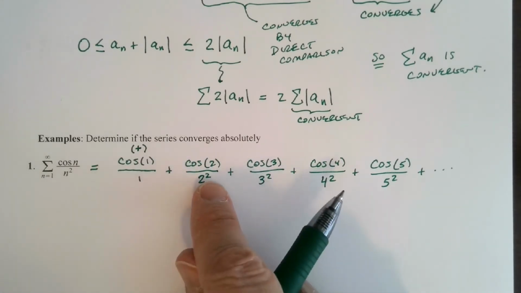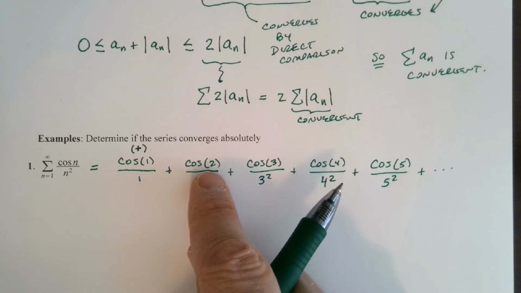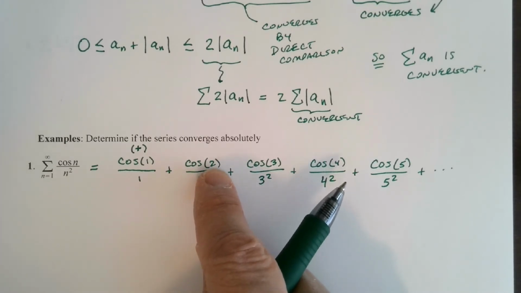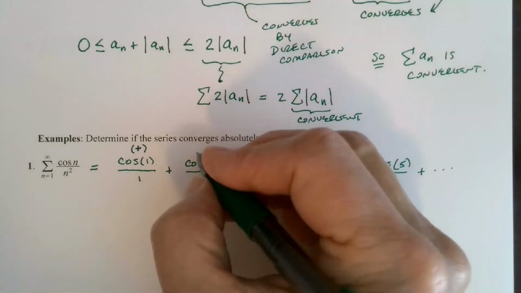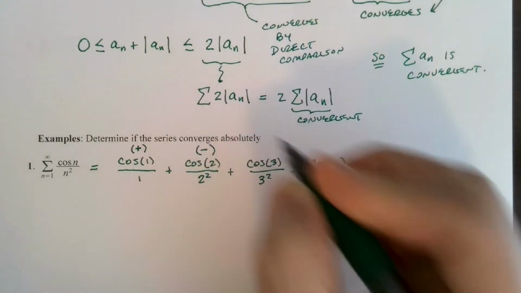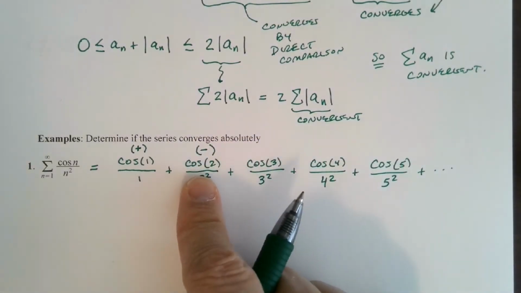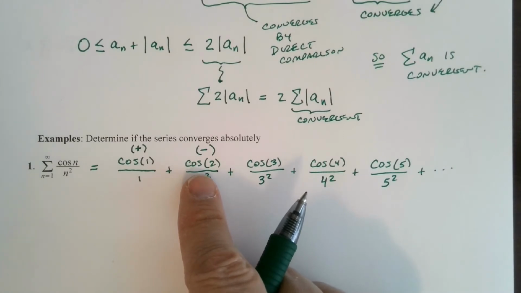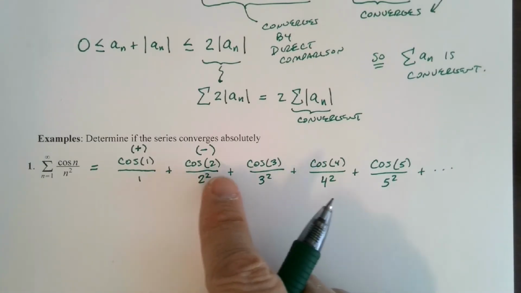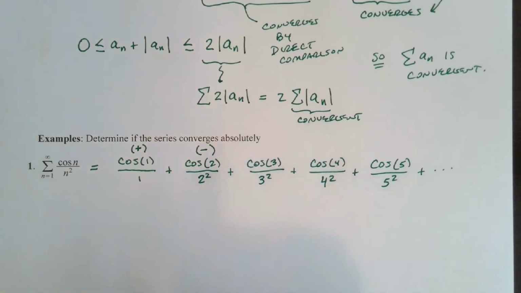Okay. Cosine of 2, however, that's 2, which is more than 1.57. It's more than pi over 2. It's in that second quadrant where cosine is negative. So this term is going to be negative. Now cosine is negative in the second and third quadrants. That's between pi over 2, which is 1.57, and 3 pi over 2.